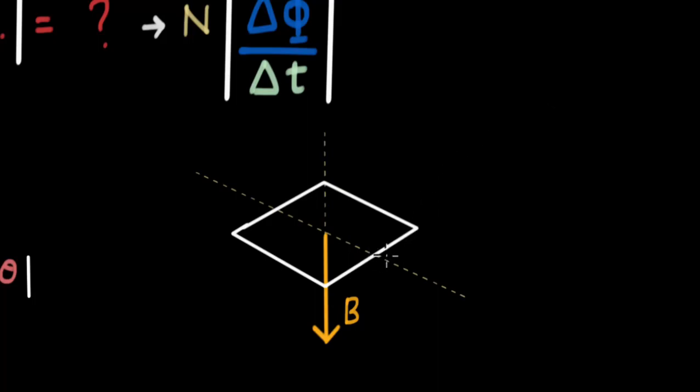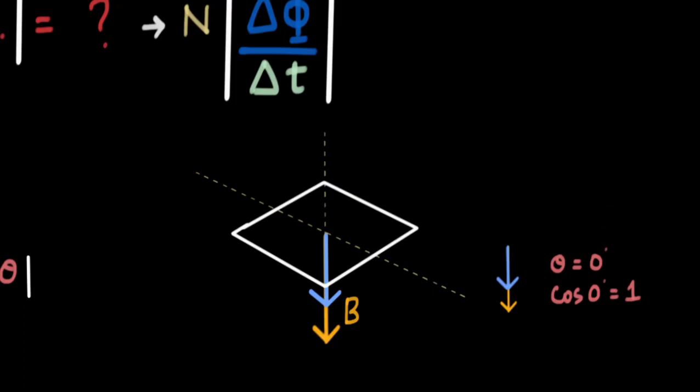And the area vector could either be along the magnetic field vector or directly opposite to it. So if it is along the magnetic field vector, it would look like this. Now over here, the angle between the area vector and the magnetic field vector is 0 degrees. So that would be cos 0, and cos 0 is just 1.